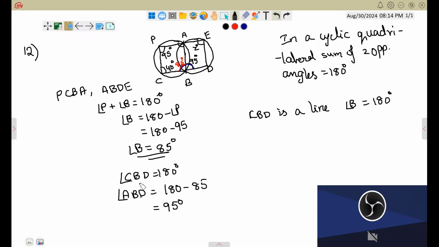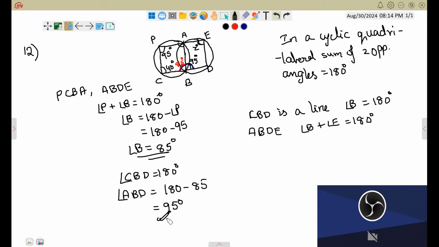Now, if you observe the quadrilateral ABDE, let us take the quadrilateral ABDE. In this quadrilateral also, opposite angles sum is 180. What are the opposite angles? Angle B plus angle E. Both together are 180 degrees.